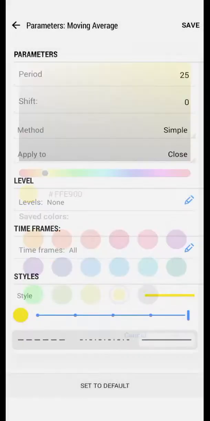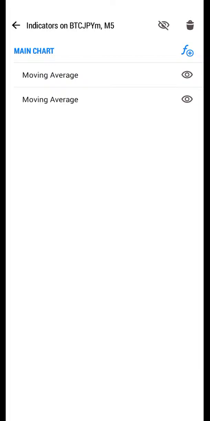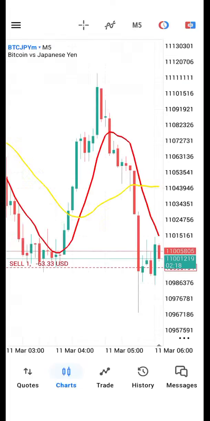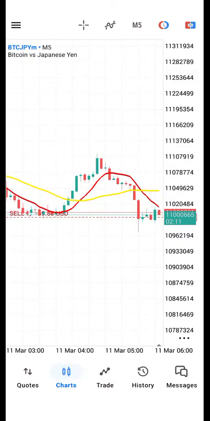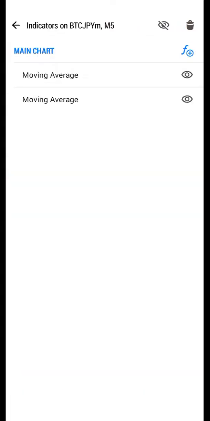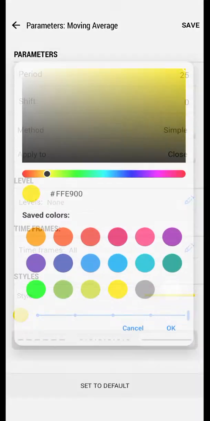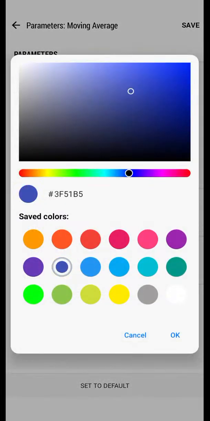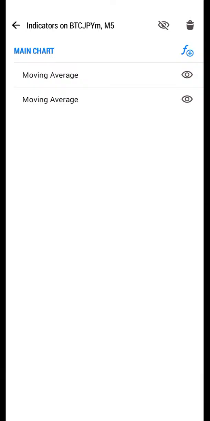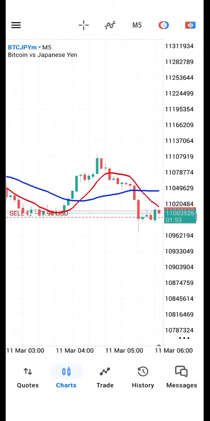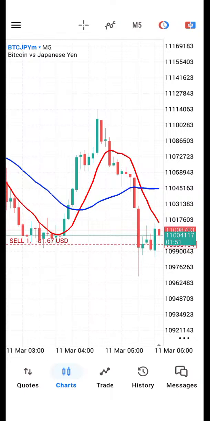I don't like that yellow. I'll use blue. Dark blue. And blue is my favorite color actually. You can see my 25 EMA is pointing. That's we're on the right track.